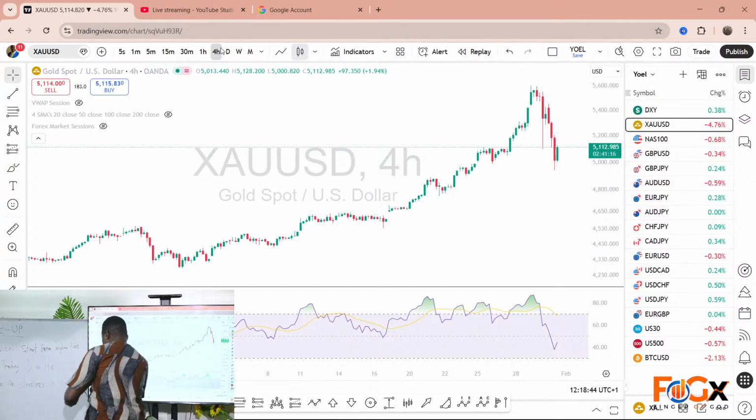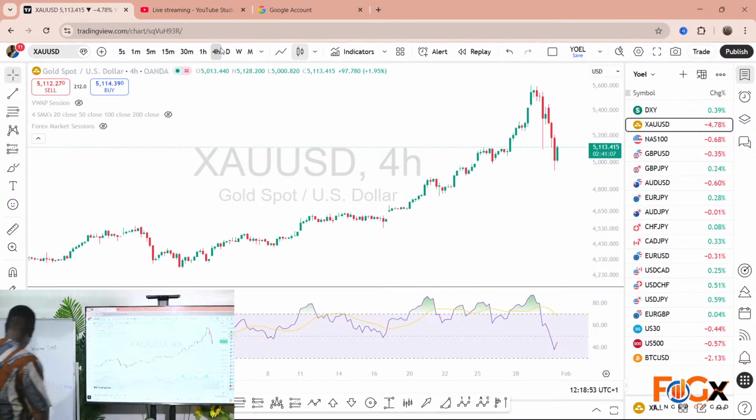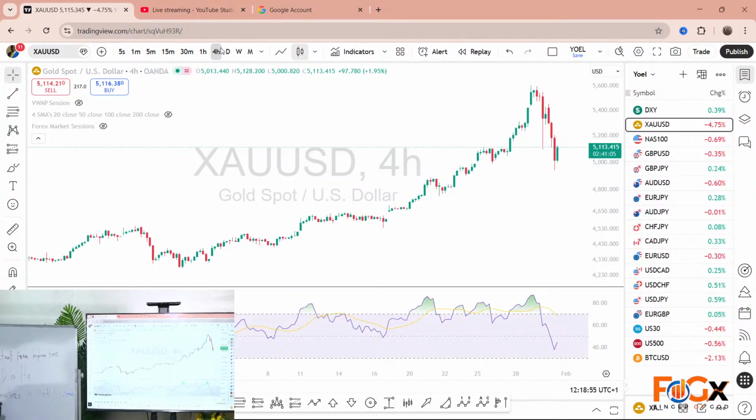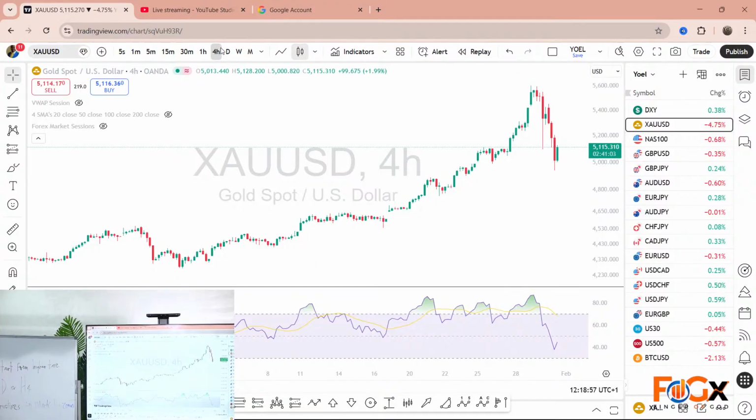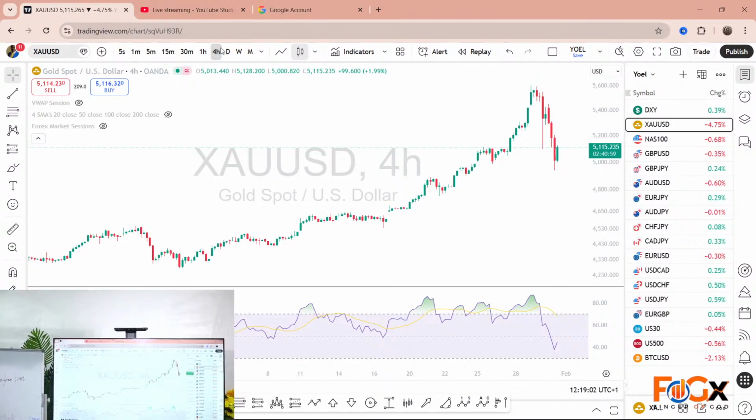To mark key zones. If you look at where price is bouncing from, you will see that that place is actually a key zone.